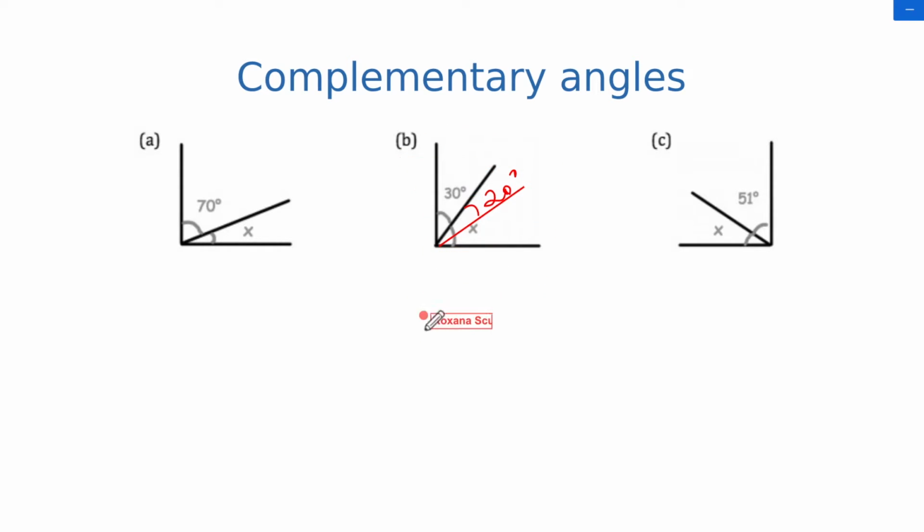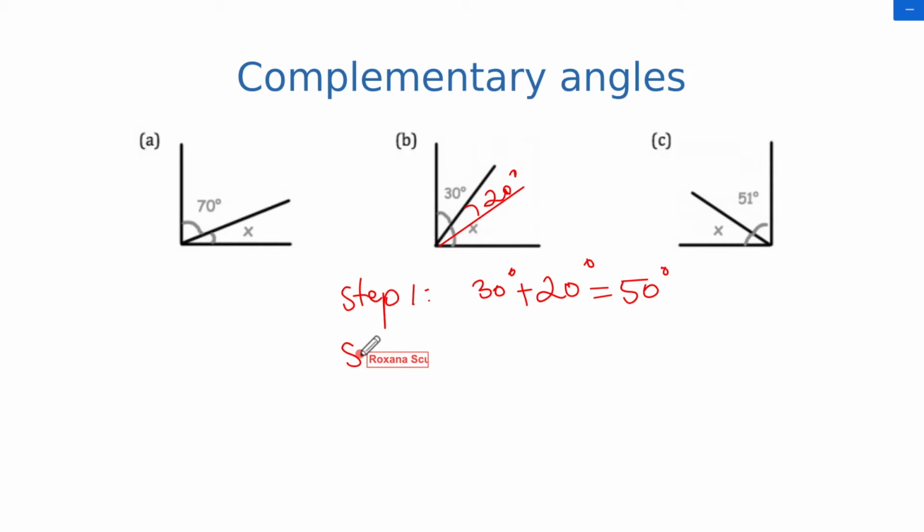If you have that, you need to do it in 2 steps. Step 1 is to add the 2 angles together. You do 30 degrees plus 20 degrees, which gives you 50 degrees.